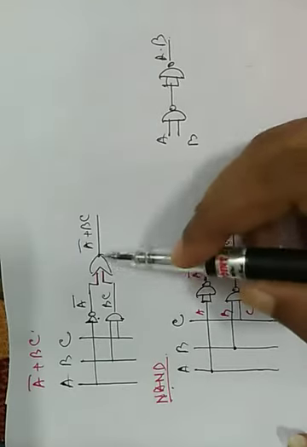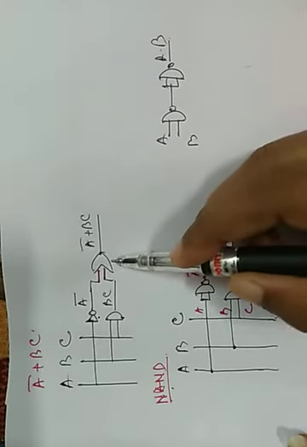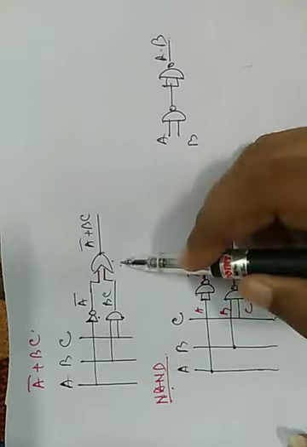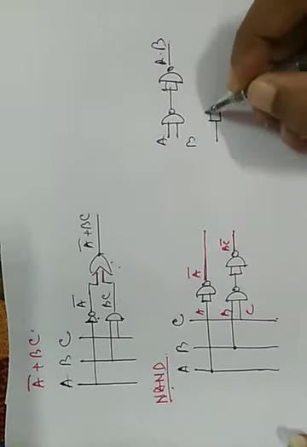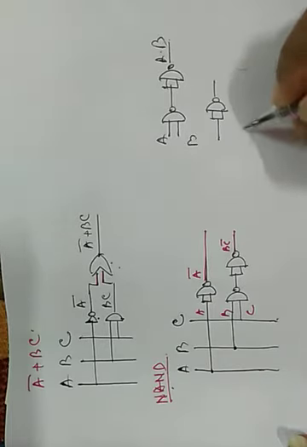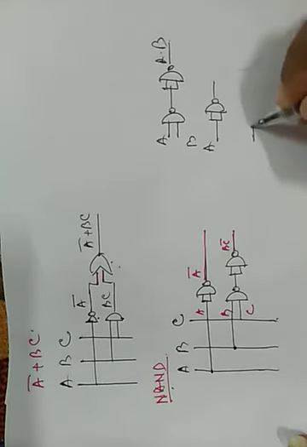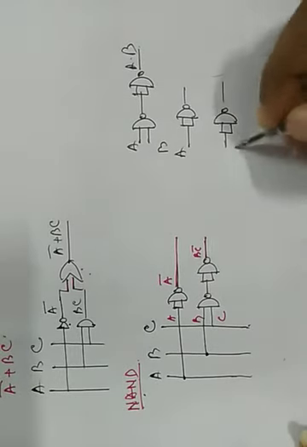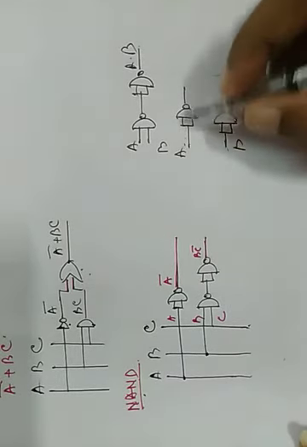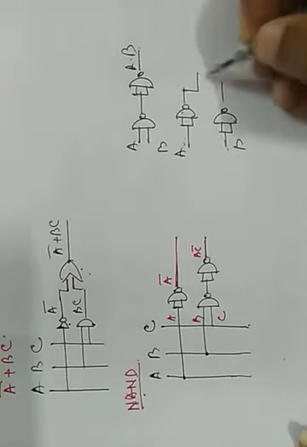So for NAND gate and OR gate, as the names are not the same, the design should be such that whenever 3 NAND gates are used, for each individual input line there must be one NAND gate placed.